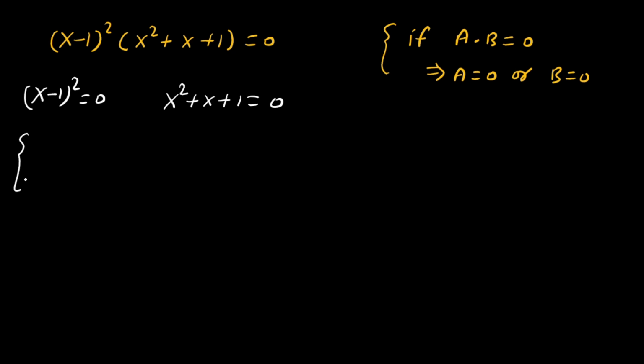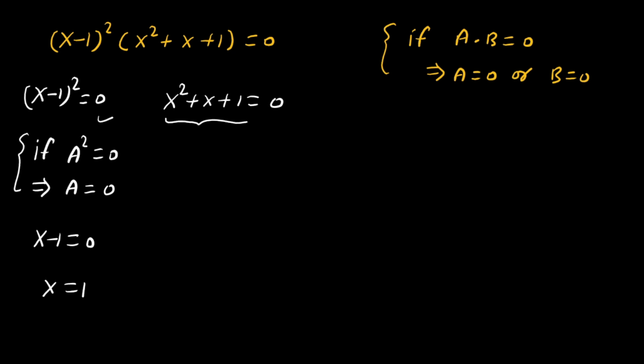And we know that if a square is equal to 0, this implies a = 0. If we apply this rule here, then (x - 1) whole square is equal to 0 means x - 1 = 0, then the value of x is 1.